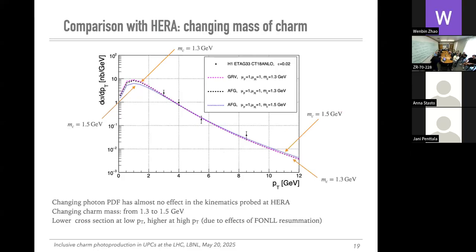One thing, which will come later: if you play with the charm mass in FONLL and put a heavier charm mass, it suppresses you at small PT, but then it moves you at high PT. And here you see, or don't see, the difference between the magenta and the black curve. These are 2 different photon PDFs, and they are almost identical.